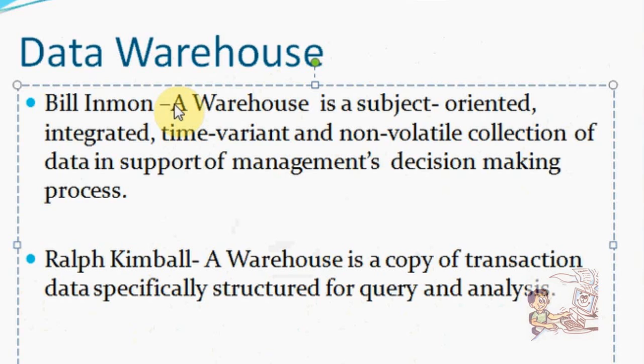So subject oriented means that using the data warehouse, we can analyze a particular subject's data. For a particular product like honey: what types of honey we have, which companies provide them, which people buy more, in which season more is bought, and what the price changes are from last year to current year, previous day to current day, previous month to current month, quarter.